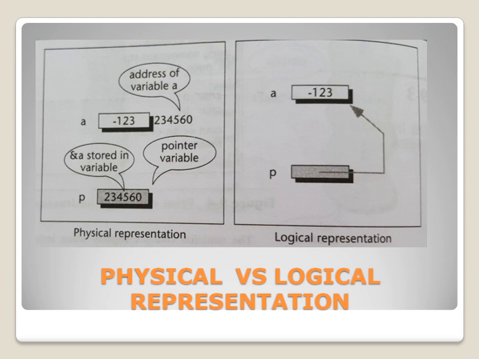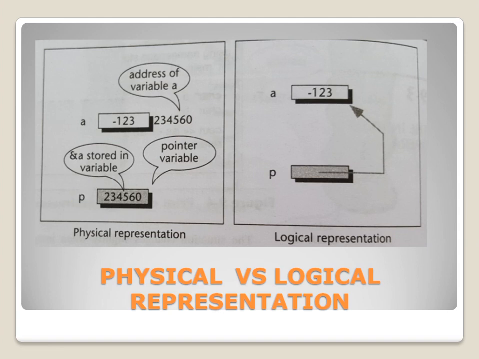Okay, so if we see the physical representation and the logical representation, in the physical representation, suppose integer is used. So integer A is holding a value and is stored at a location 2342560. It's just a random number, and P is again a variable.